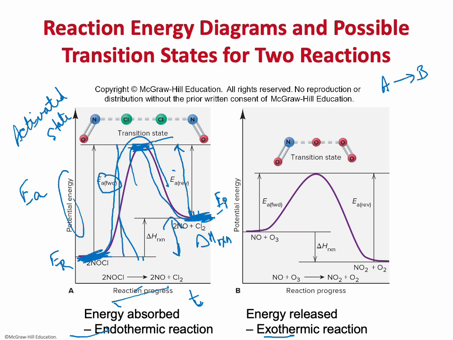For example, if this is the energy of reactants and this is the energy of products, overall the energy of the system is decreasing, which means delta H is negative, which is an exothermic reaction. But it still needs to reach this threshold value, only then can it cross the barrier and convert into product. So even in this case, the transition state is going to be higher in energy.